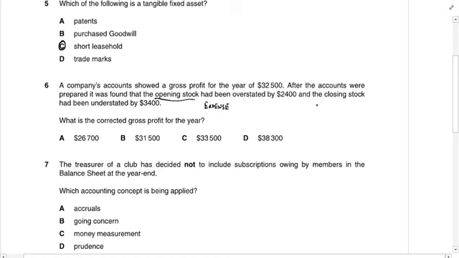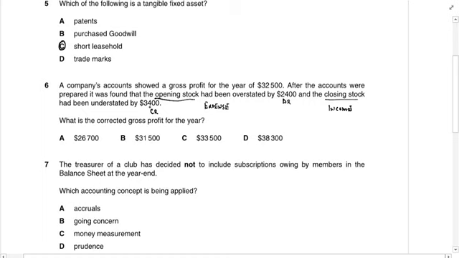Then closing stock should be treated as an income. Because of the journal that we pass to record closing inventory, we have to debit our inventory and credit our cost of sales. So this one is a credit if you want, and this one is a debit. Remember, all debits reduce profits, all credits increase profits. Right, so what are they saying? We have overstated a debit, meaning to say our profit is understated by 2,400 because of this error.